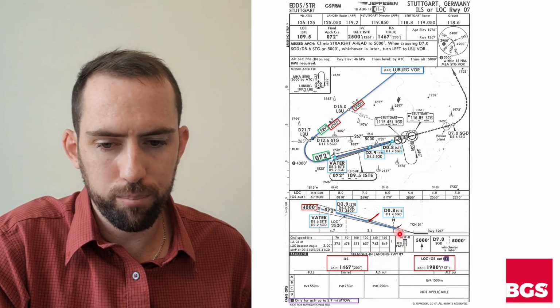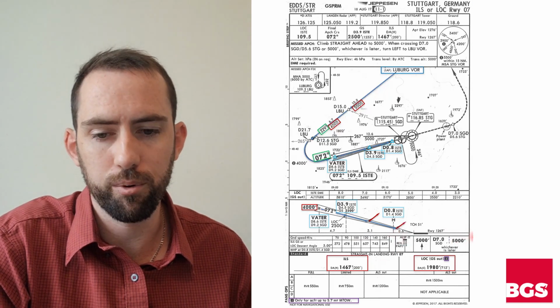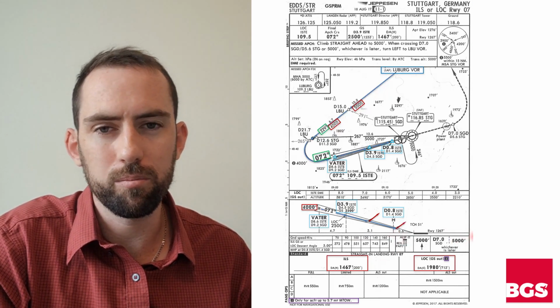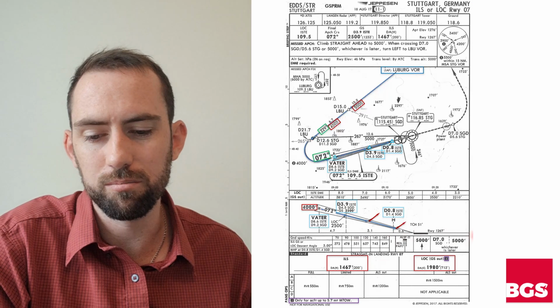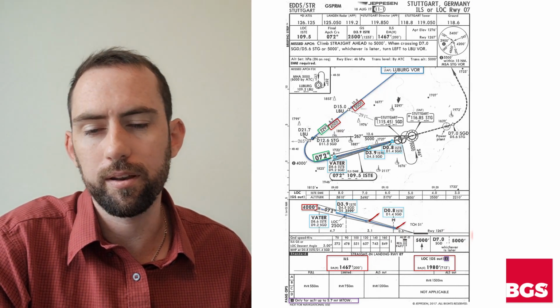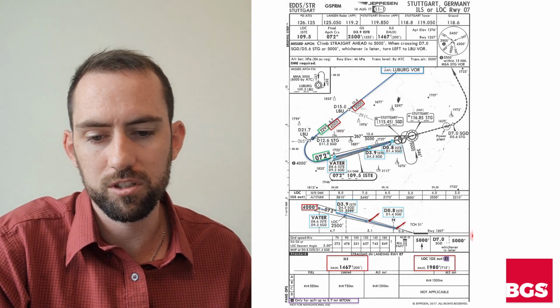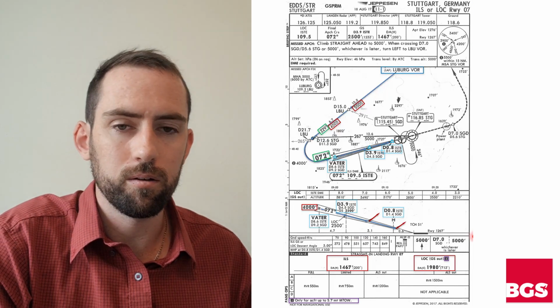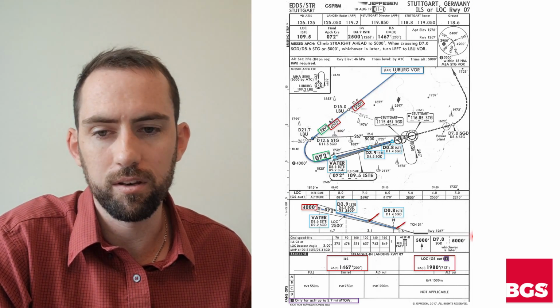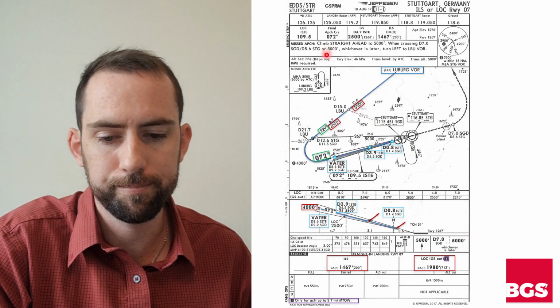And that point there for the precision approach is the missed approach point. And that would be defined as the point of intersection between the glide slope and your decision altitude. So if you go around from your decision altitude on the full procedure, then you will go straight into following the missed approach procedure at the top here.